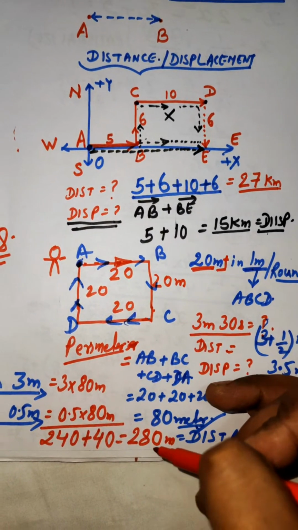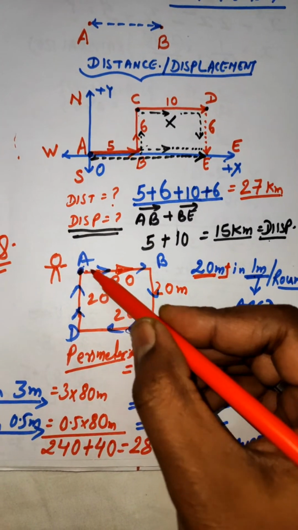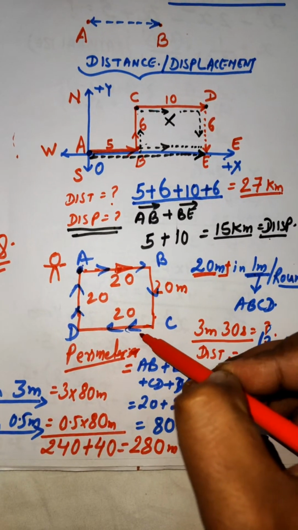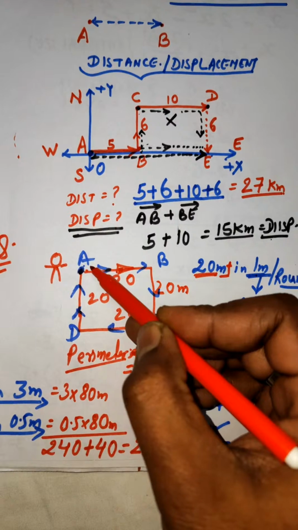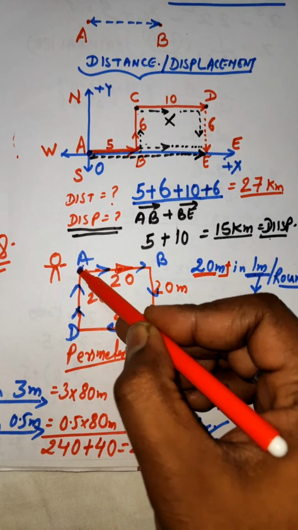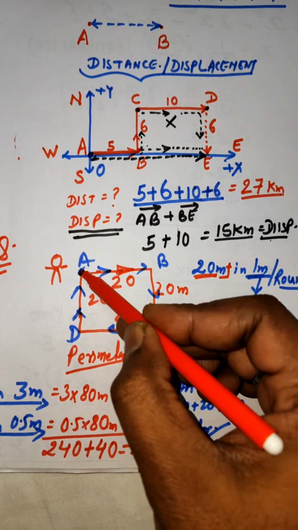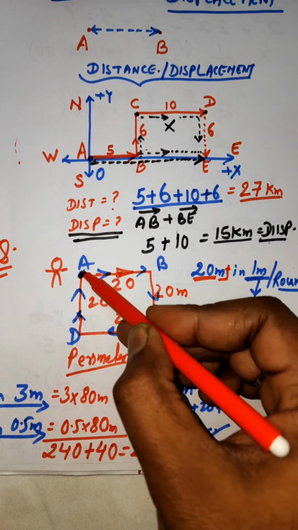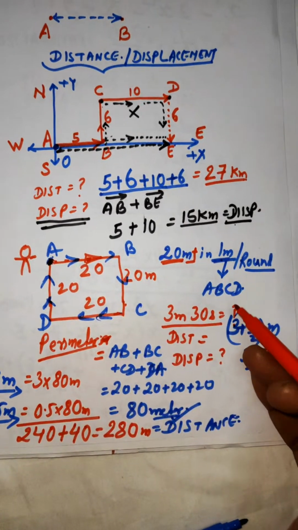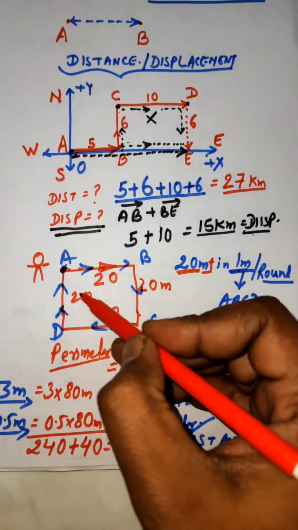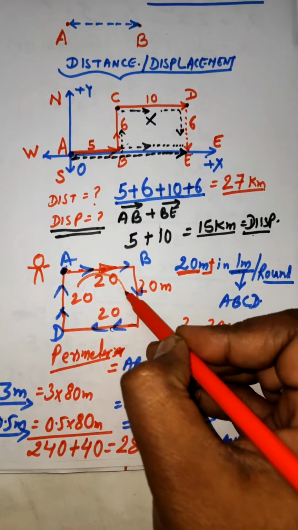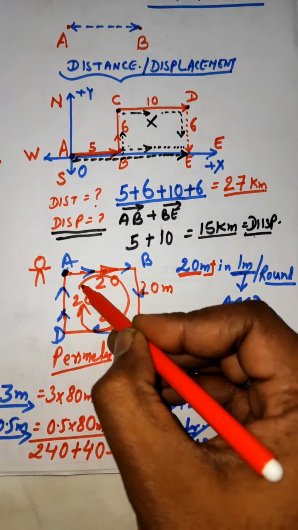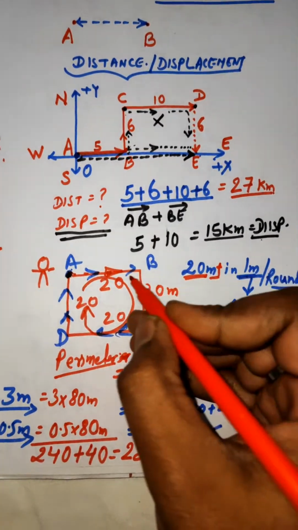So what is the displacement covered by the man in 3 minutes and 30 seconds? You can see in 1 minute he is covering A to B, B to C, C to D, D to A. So he is reaching again to A. So in one round the displacement is again 0, because the starting position and final position are the same. So in 3 minutes and 30 seconds he takes one round in 1 minute, then another round, then another round.